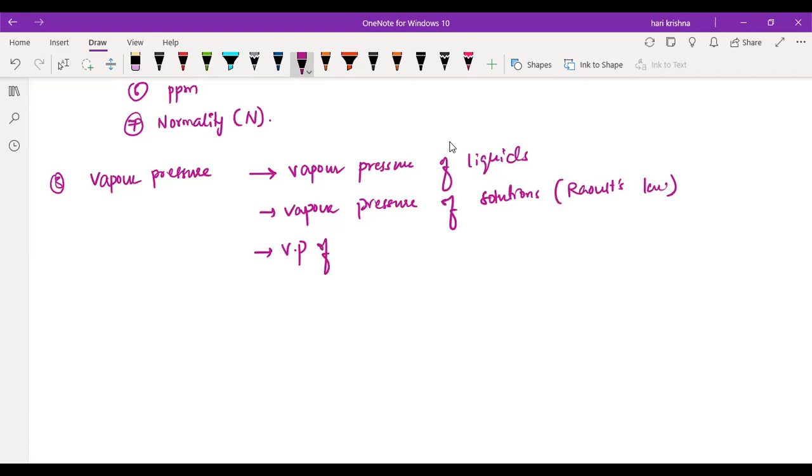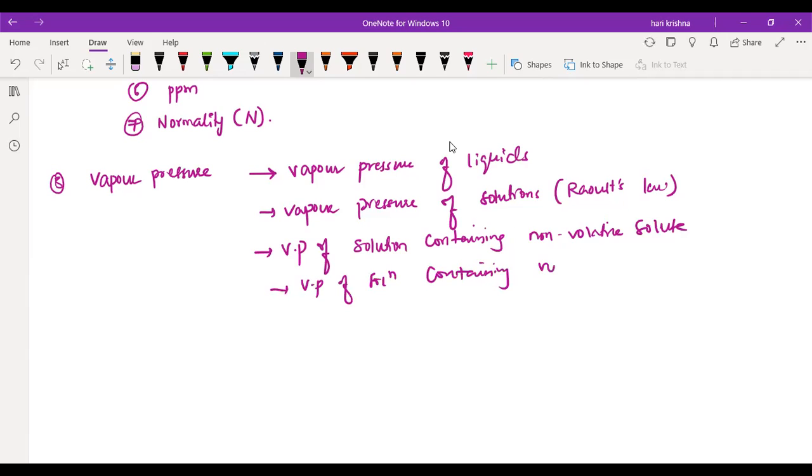Next, vapor pressure of the solution containing non-volatile solute. Vp is the vapor pressure. Next, similarly, vapor pressure of solution containing volatile solute.